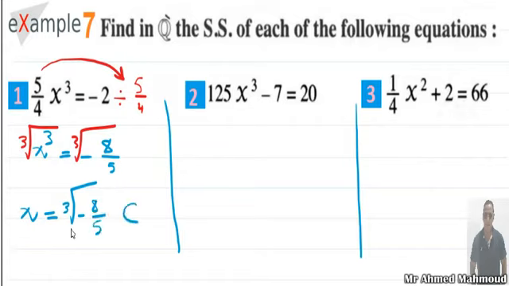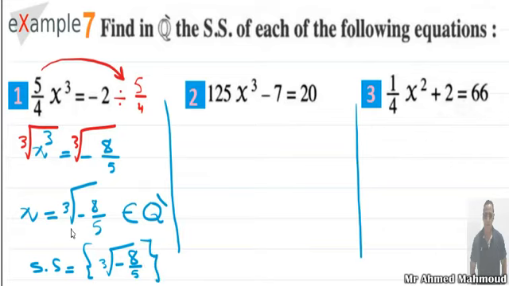This number belongs to Q dash. Then the solution set, don't forget to write it, equals cubic root of negative 8 over 5.